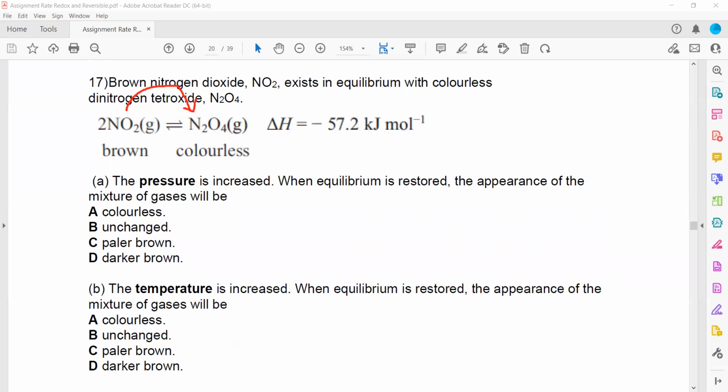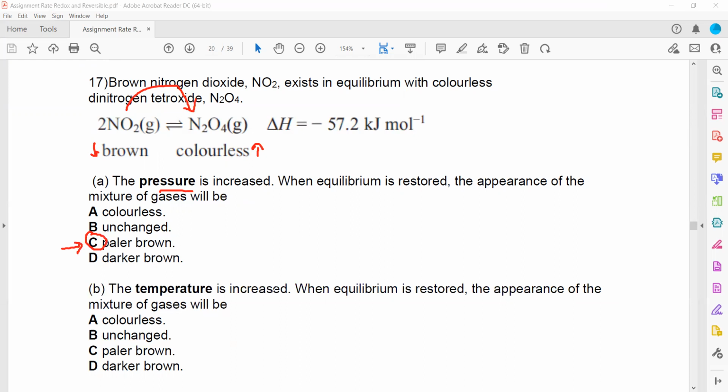If the equilibrium shifts toward the right-hand side, what will happen to the color? Because in a reversible reaction, we have both reactant and product. But as we increase the pressure, the equilibrium shifts toward the right-hand side, so less brown and more of it will be colorless. So the color will get lighter or paler.